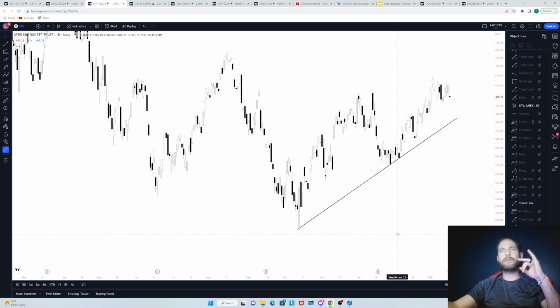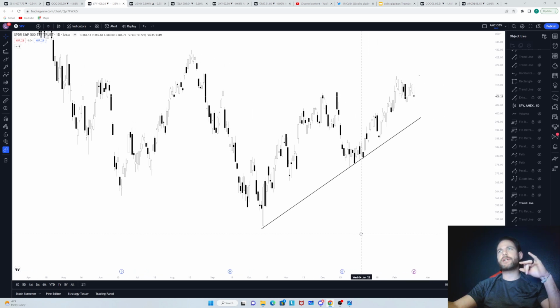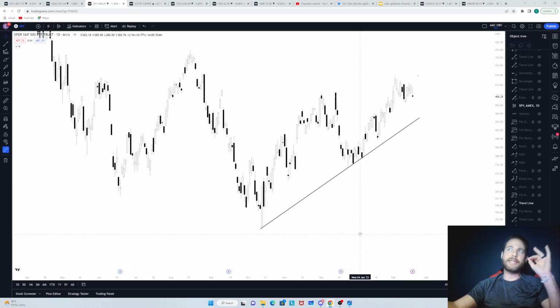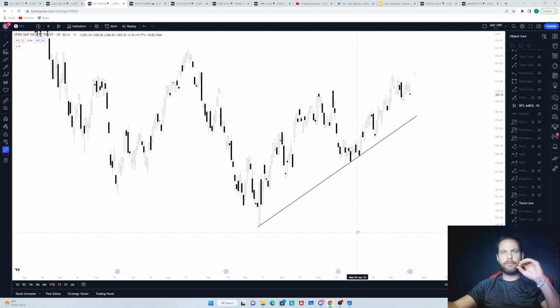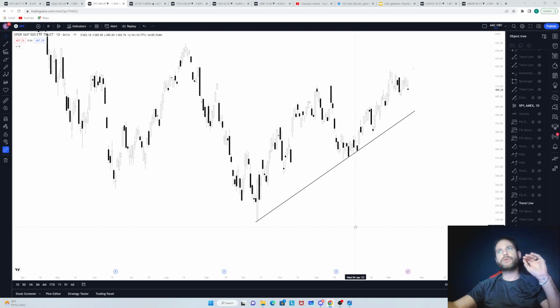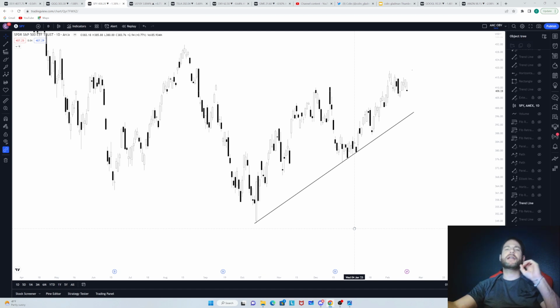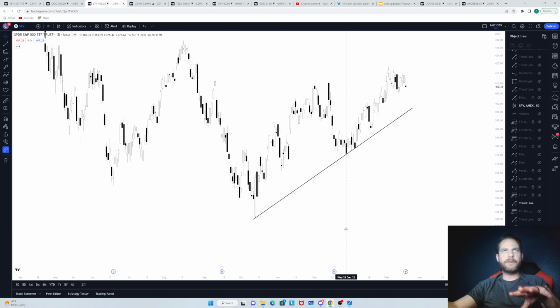I'll look at weekly, but you don't take trades off of weekly charts, okay? But I will look at daily. I will look at 4-hour and I look at 1 hour. Those are going to be the 3 most common time frames I'm looking at when I'm looking at macro. And then when I'm looking at micro, I look at 5-minute, I look at 15-minute, and I look at 30-minute.